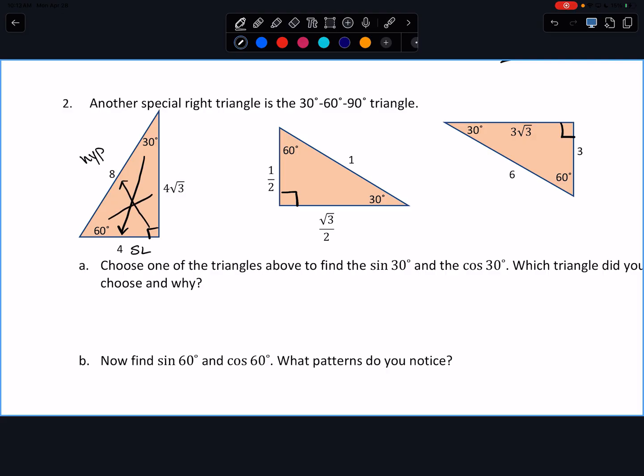So the one across from the 60 we're going to call long leg. So let me write up here what those mean. SL stands for short leg. LL stands for long leg. The reason why I'm writing those is because I want you to start to try to identify a relationship for that triangle. Just look at it, okay?